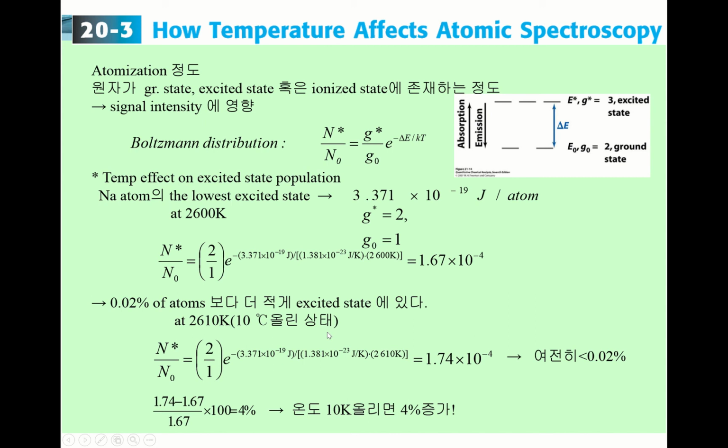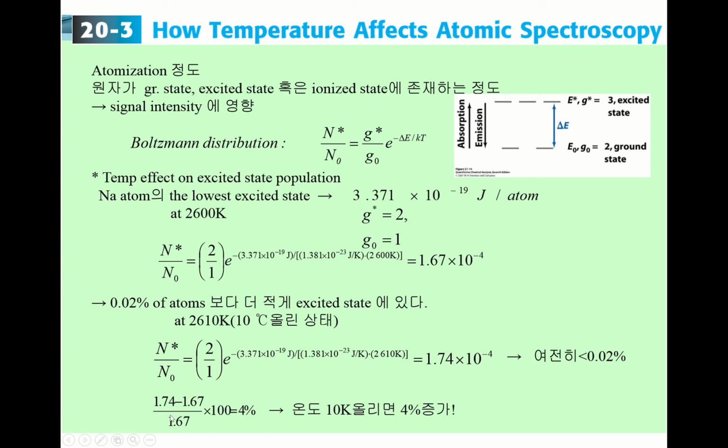Let's assume we increase temperature by 10 degrees Kelvin, just a 10 degree C elevation. Using the new temperature, we get 1.74 times 10 to the minus 4, which is still quite small. But what's the difference? How many percent increased?